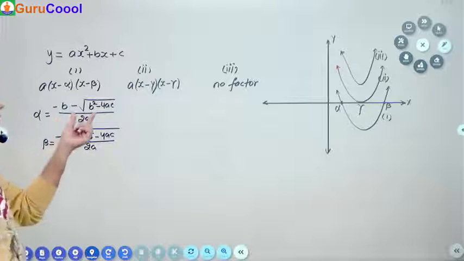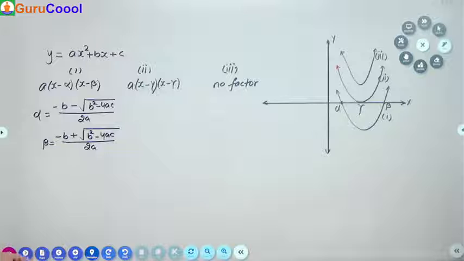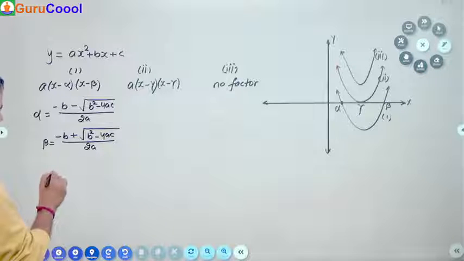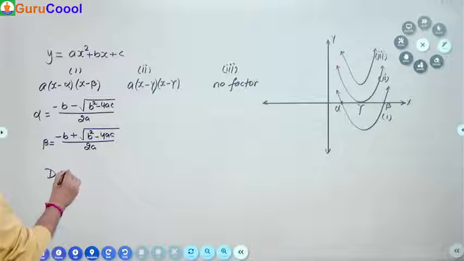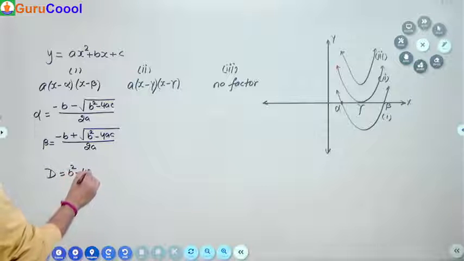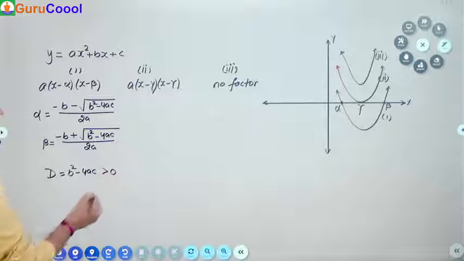Alpha is of course smaller than beta. What else? In this case, discriminant, that is b square minus 4ac, remains greater than 0.